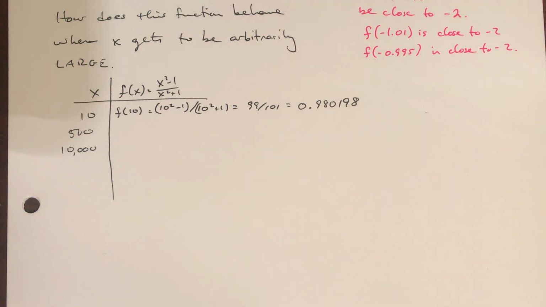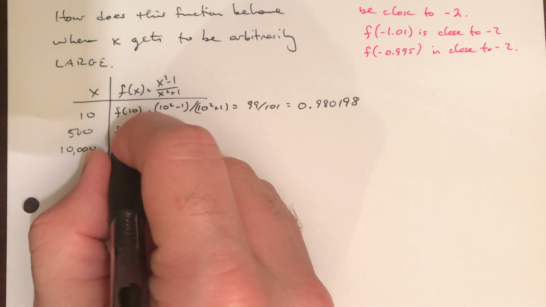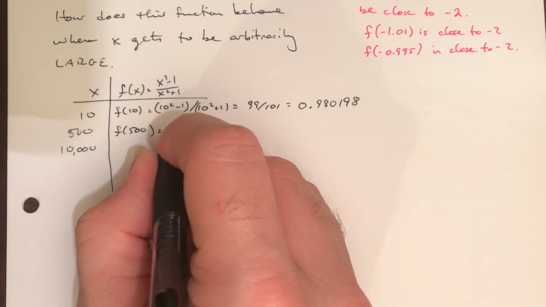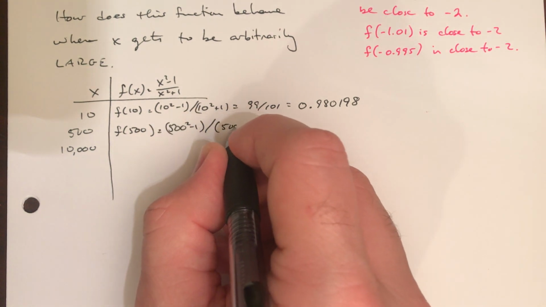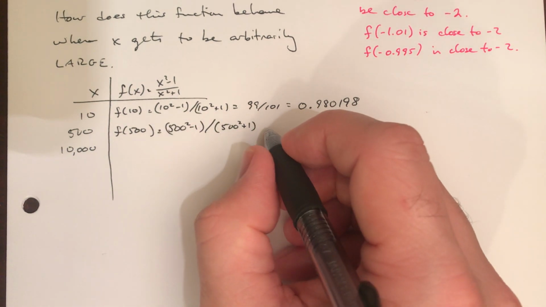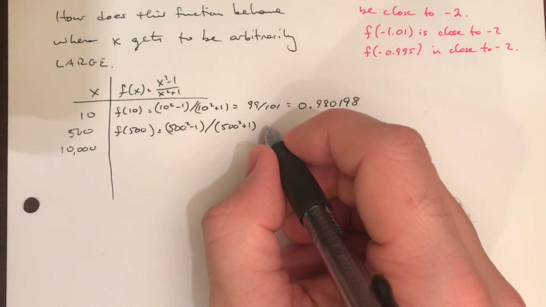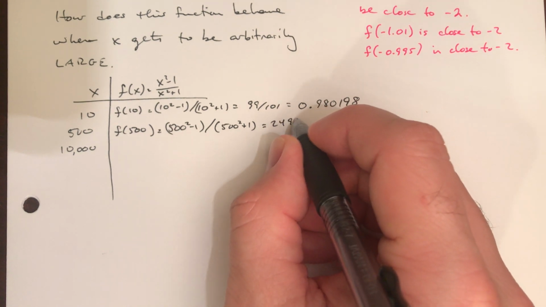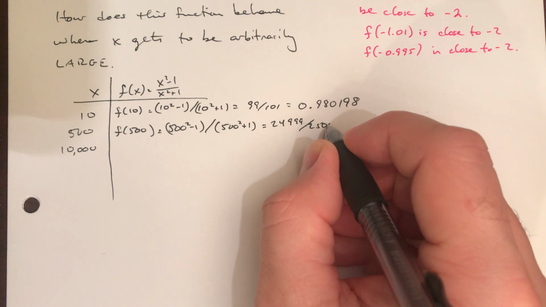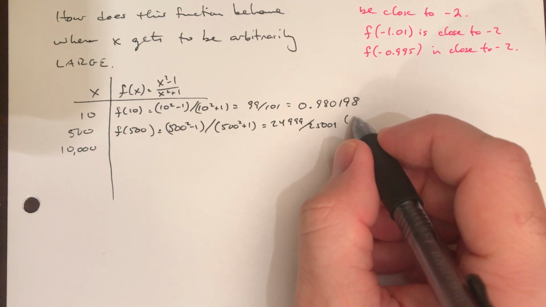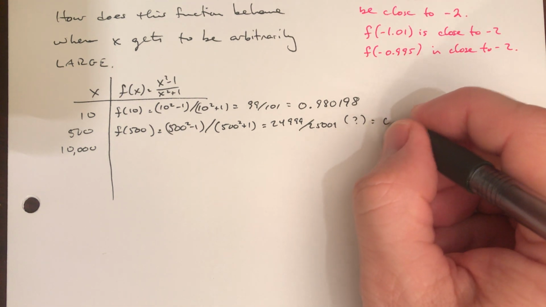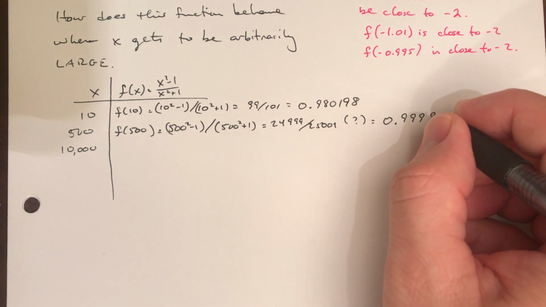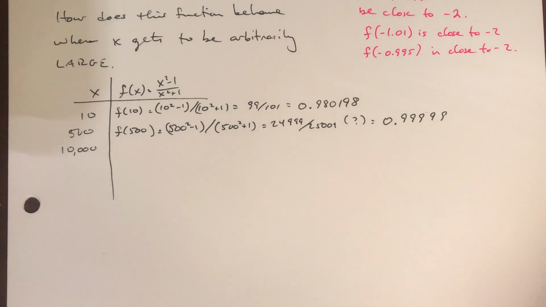When I plug 500 in for x, f of 500, that is 500 squared minus 1, divided by 500 squared plus 1. I don't know what that is. Is it 24,999 over 25,001 maybe? I'll put a little question mark there. And my calculator out to, what is this, 5 decimal places, 0.99999.